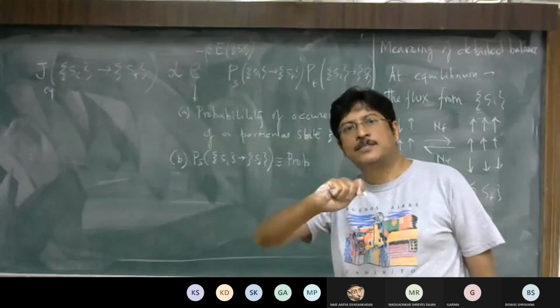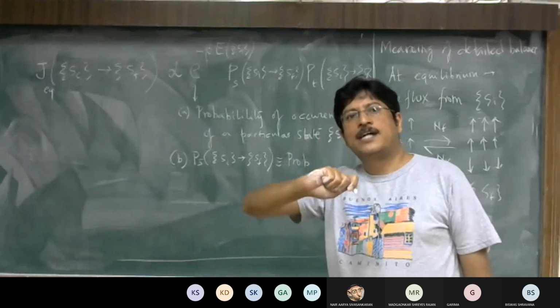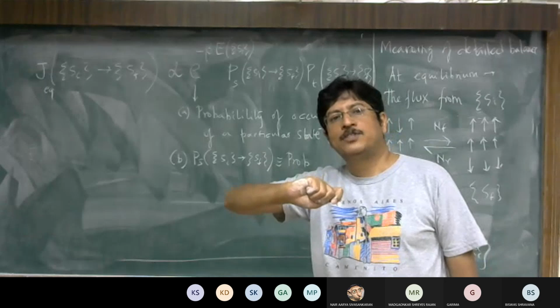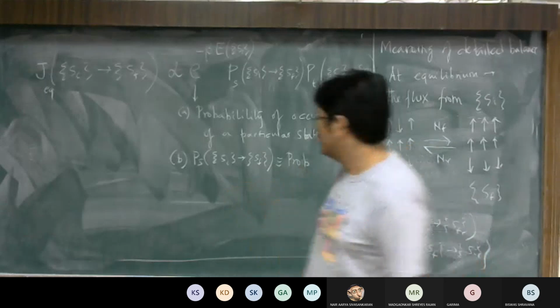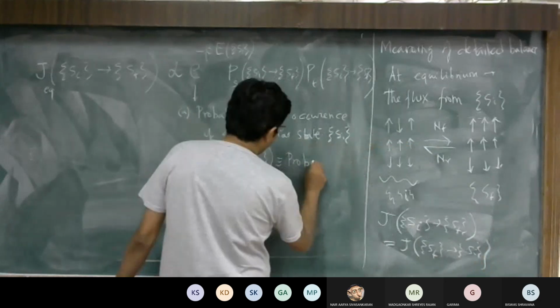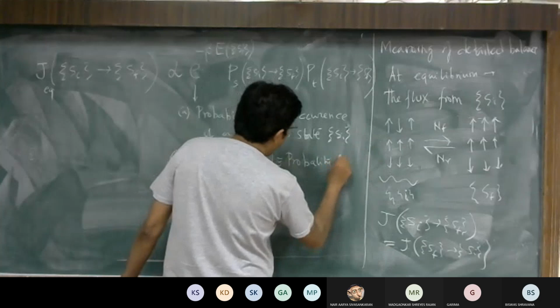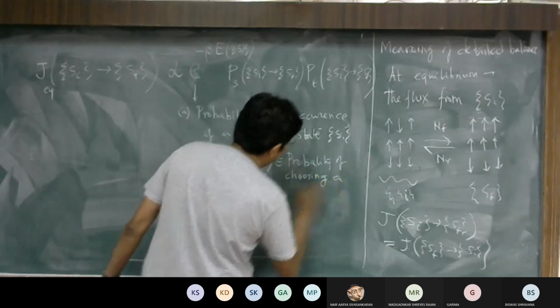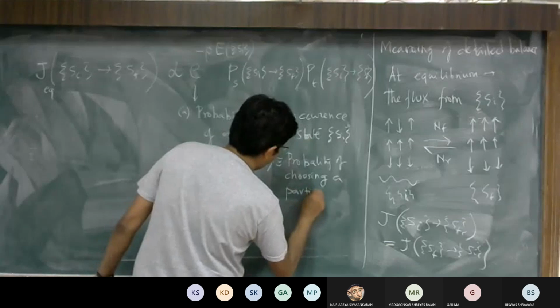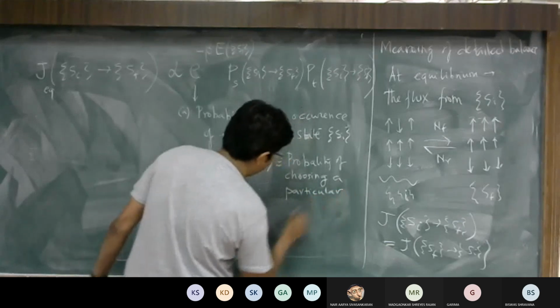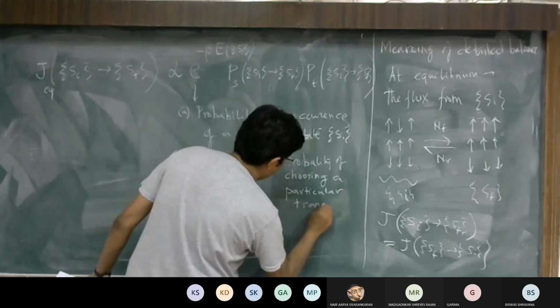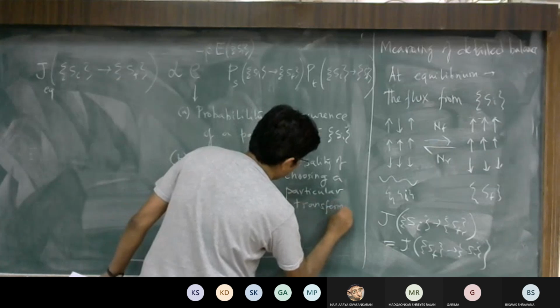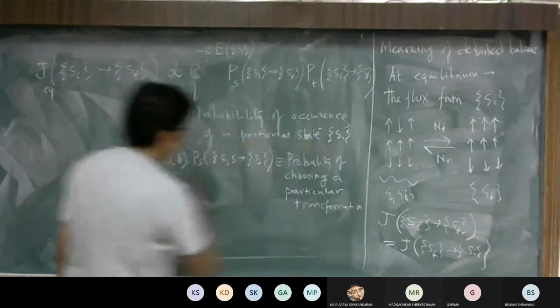The particular specific SF site that I was looking at was transforming to that, where I was flipping only one state, and so that was the site I was looking at. So this is the probability of choosing a particular transformation. Right?